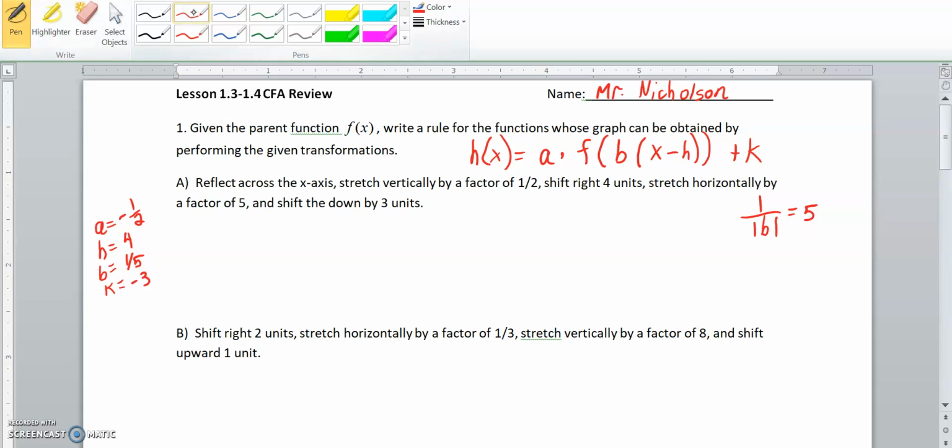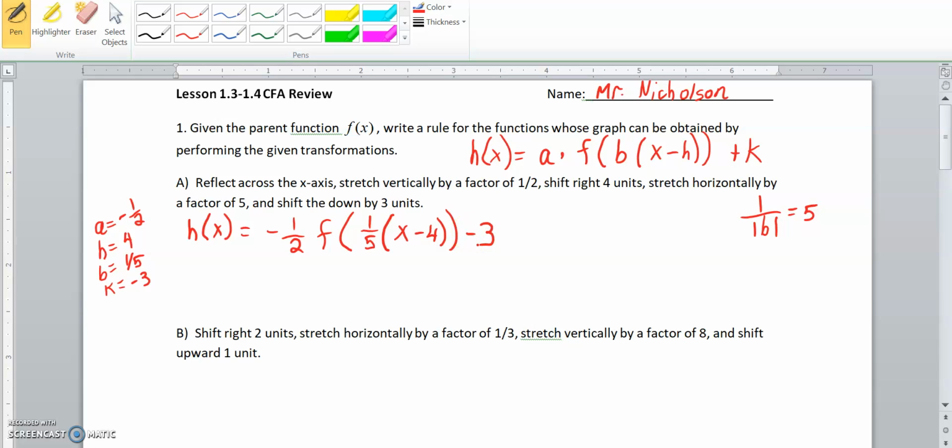Okay, with that said, we've identified our coefficients. Let's write the equation. A goes out front, so h of x is negative 1/2 f of B, so 1/5 times the quantity x minus h, so minus 4, and then plus k, which is negative 3.